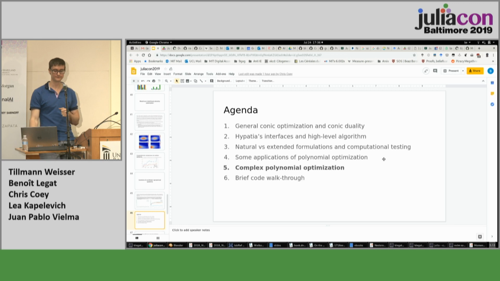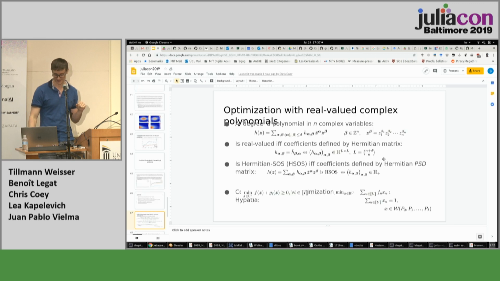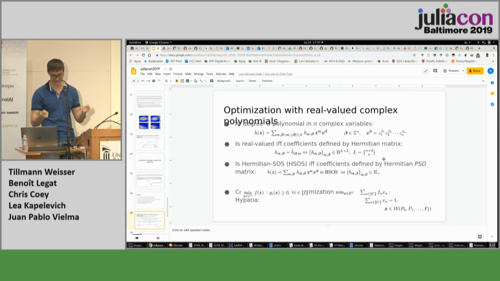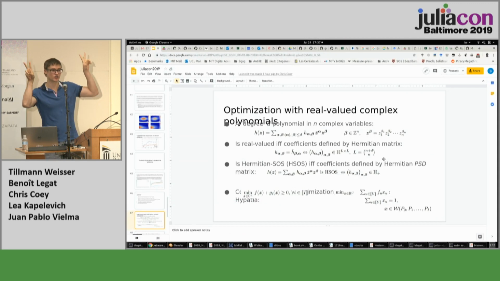All right. So now a crazy generalization of all this polynomial stuff. It's complex polynomial optimization. So a degree d polynomial in n complex variables. So our polyvars are now complex. We're going to look at this H. When I say degree d, that's actually in inverted commas because it's a different notion of degree.